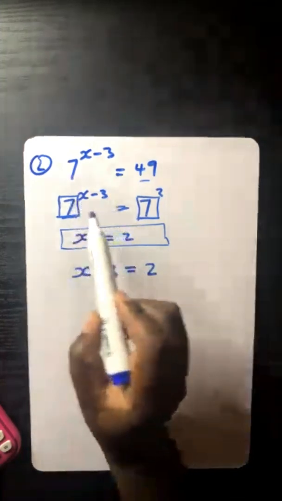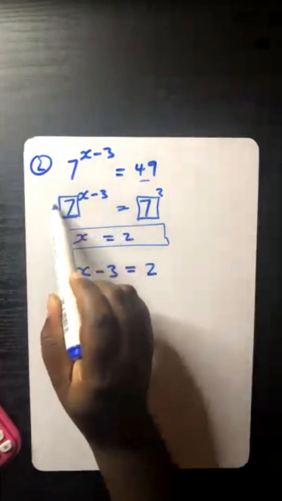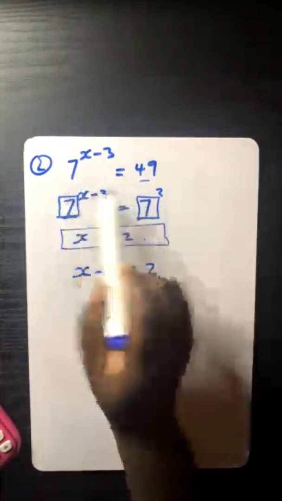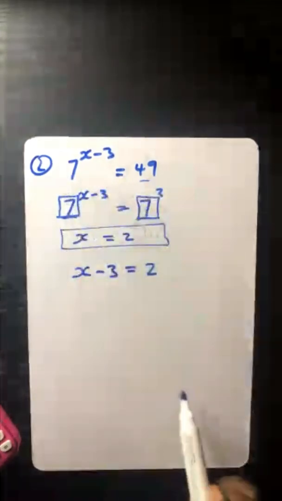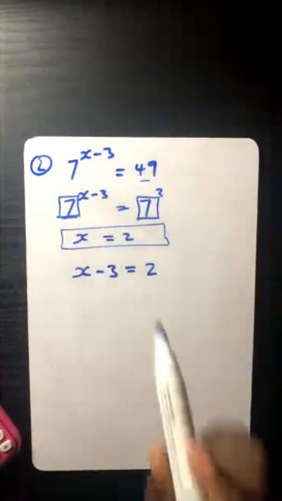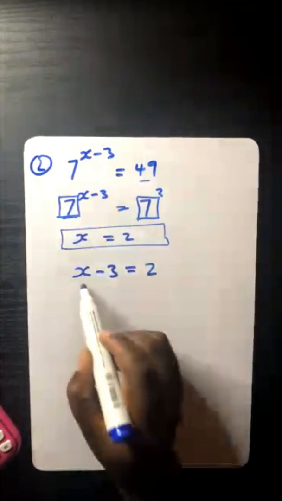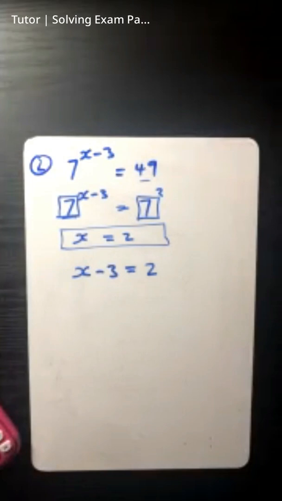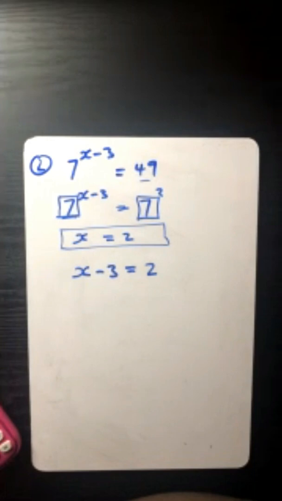So we say since the bases are the same, you equate the exponents. Now that you have equated the exponents, do you want to guess what is the next step? I'm not sure what the next step is, sir.